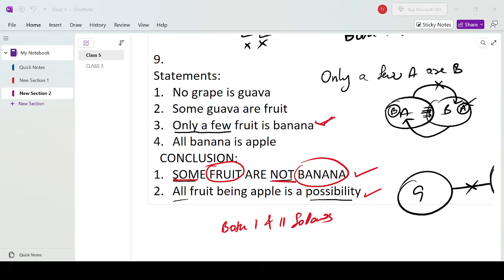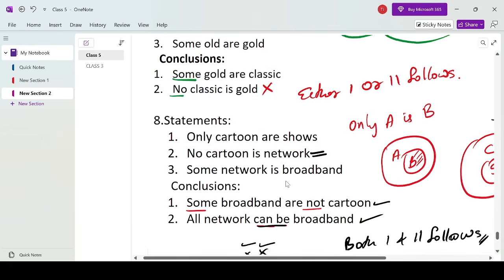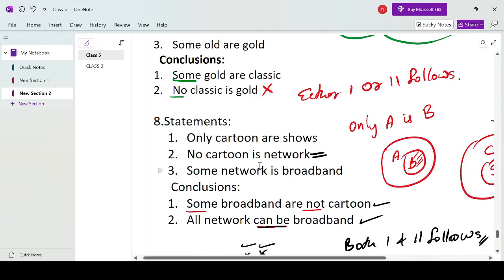Question 8, statement 3 and conclusion 2. Alright, I didn't get you. Question 8 or statement 3 and conclusion 2. Alright. Itu question na? Question 8, statement 3 and conclusion 2.